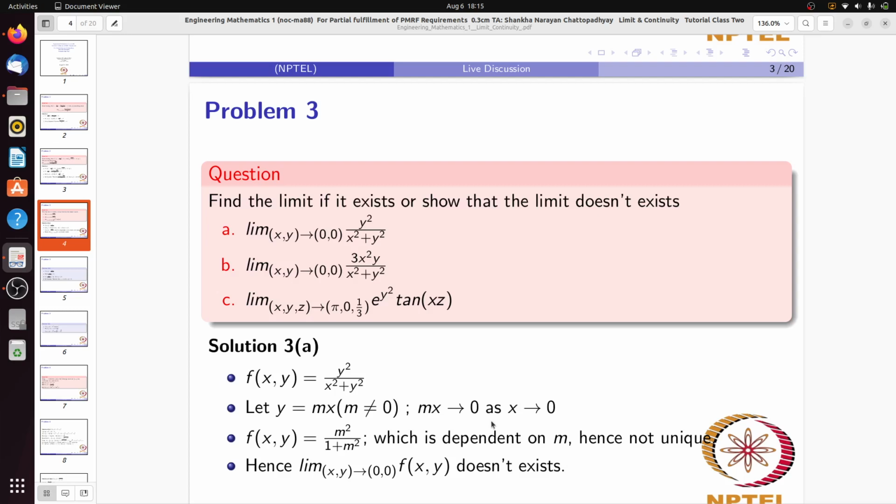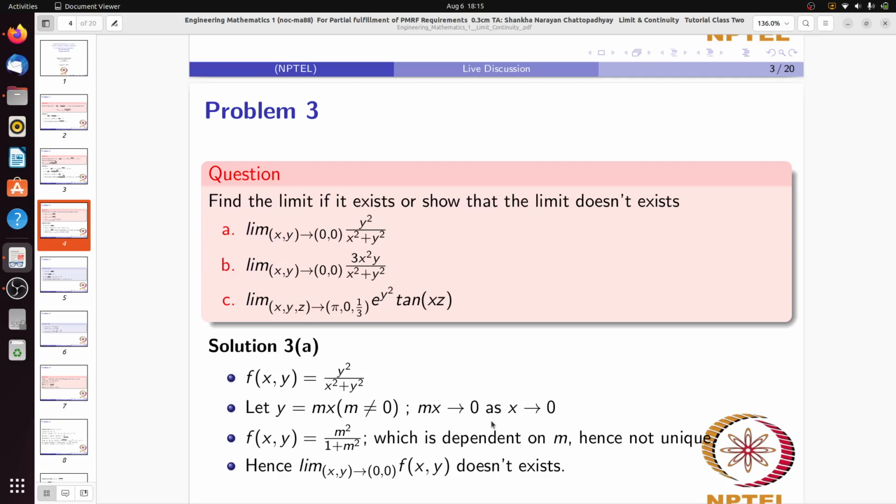But in the R2 plane, there are infinitely many paths, infinitely many curves along which you can really go to a particular point. So here we are showing that this function is discontinuous, the limit does not exist.